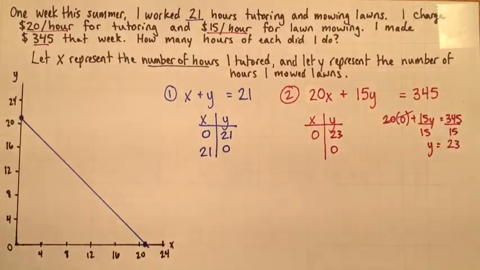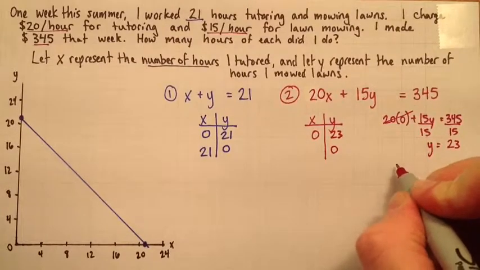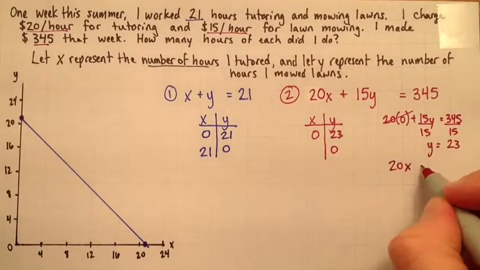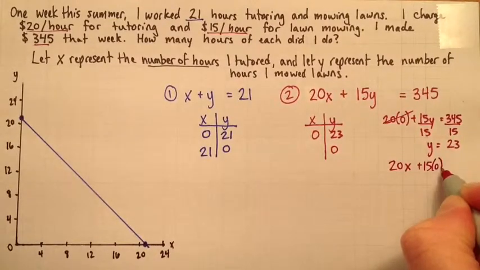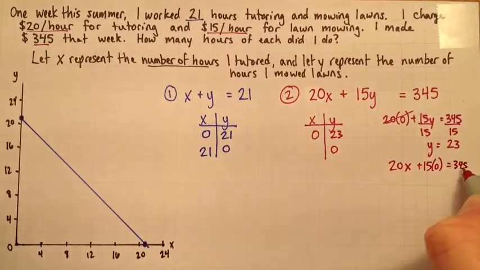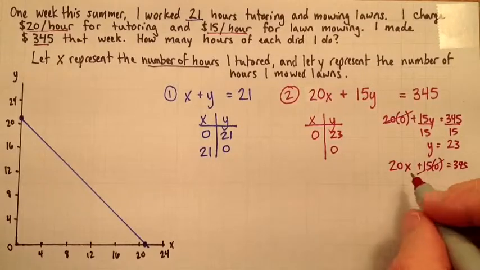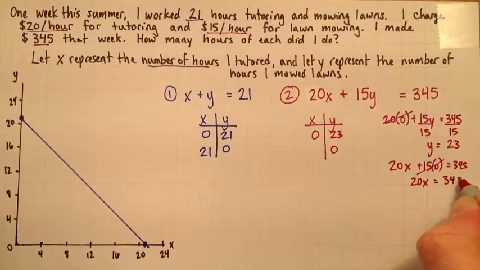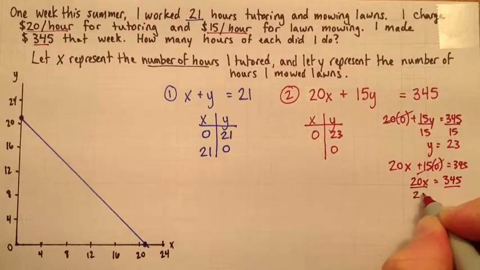Okay, and if y were 0, then I'd have 20x plus 15 times 0 equals 345. 15 times 0 is 0. So I have 20x equals 345. I'll divide both sides by 20.